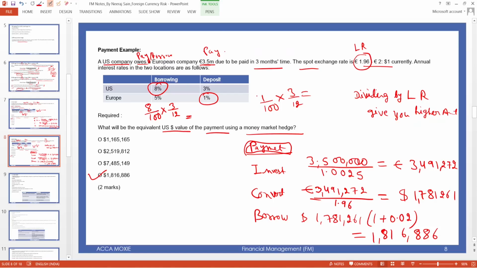Always remember which rate to choose, and always divide the rate by 100 and multiply it by the number of months until you receive or pay. These are the main steps.